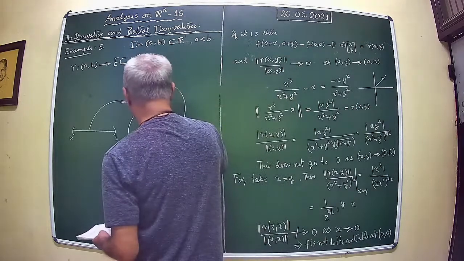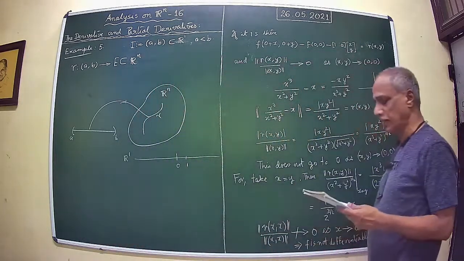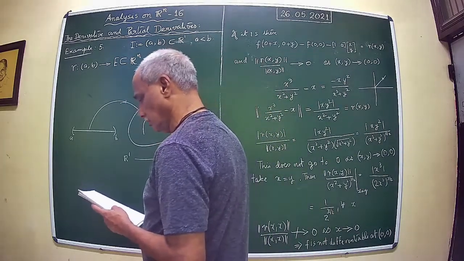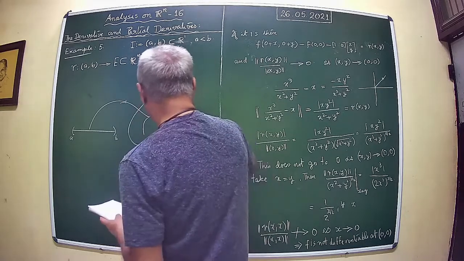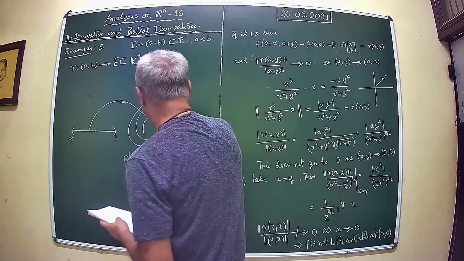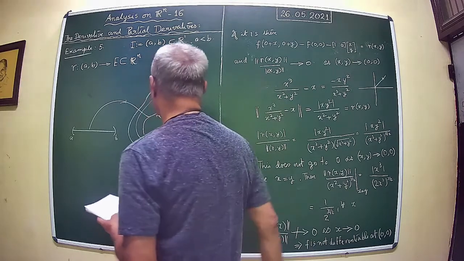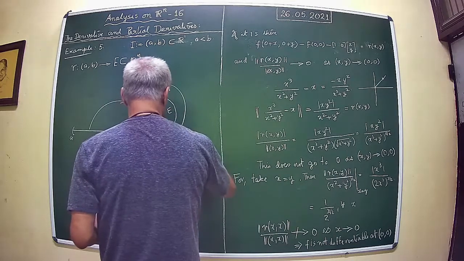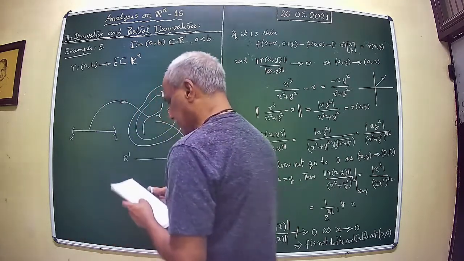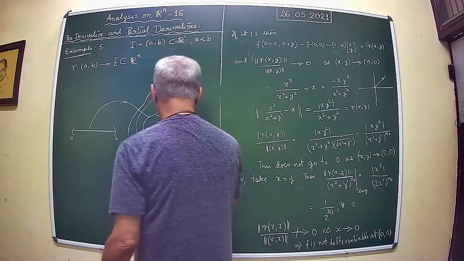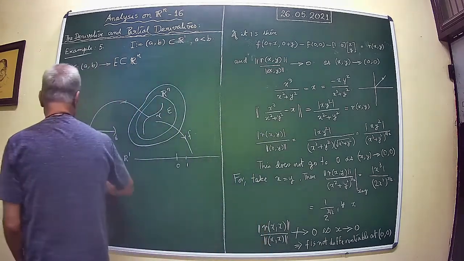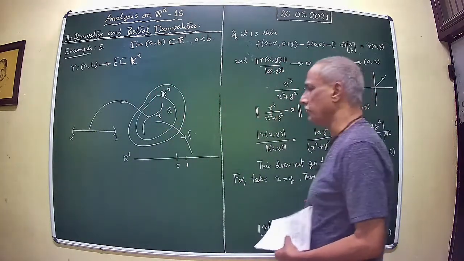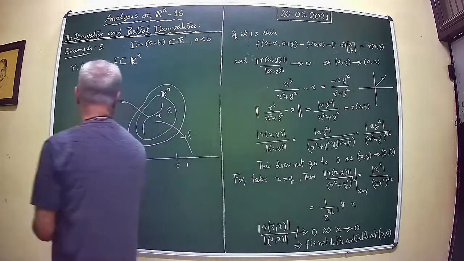Let me denote it by gamma. And now this is lying on some E. And from there you have a function which we designate by F. So F is from Rn to R. It's a real valued function defined on some open set in Rn.